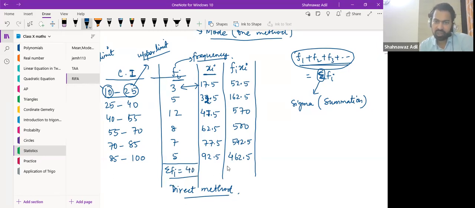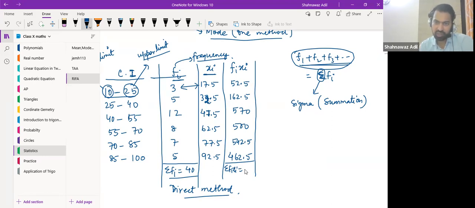Okay, now what is the sum of fi xi? This we have to find out. This is 462.5 plus 542.5 plus 500 plus 570 plus 162.5 plus 52.5.